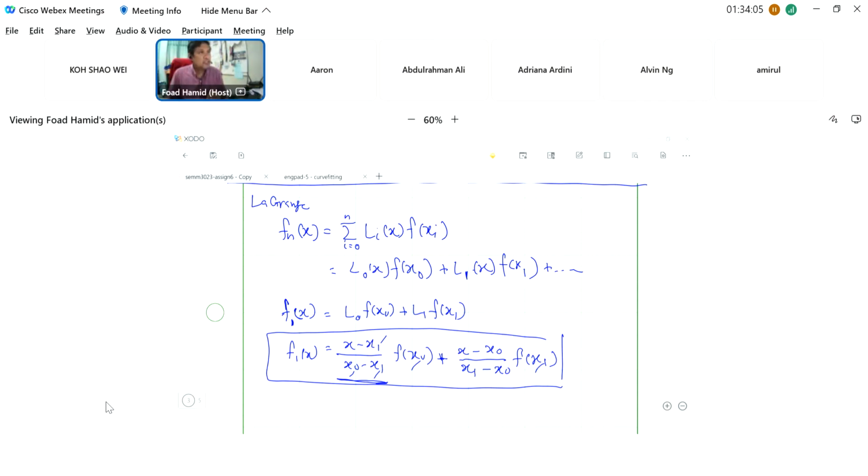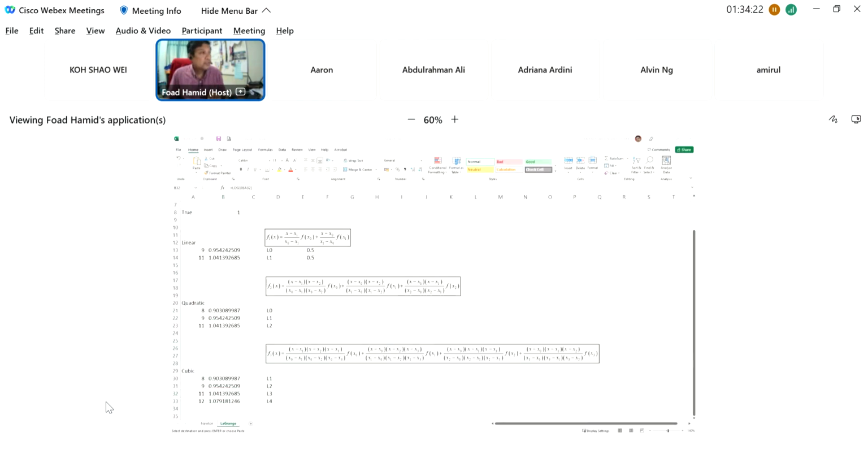Okay, so let me share you my screen here, my Excel screen. Share content. All right, so this is the screen here. See that this is the formula. So x minus x1, x0 minus x1 is L0, which is this one. X minus x0, x1 minus x0 is this one, L1.